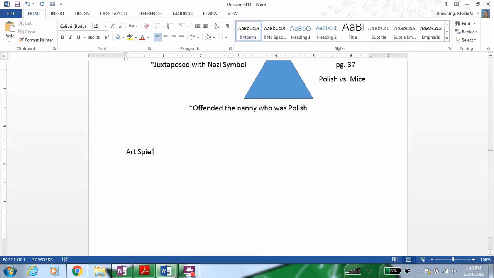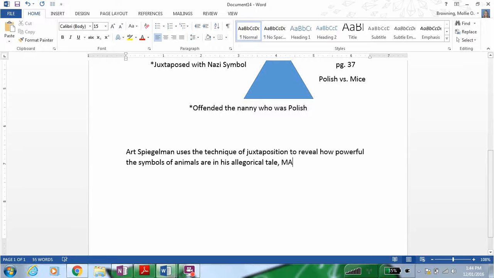Art Spiegelman uses the technique of juxtaposition to reveal how powerful the symbols of animals are in his allegorical tale, Maus.